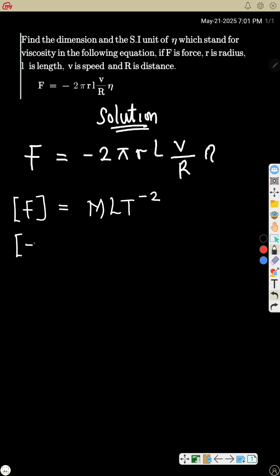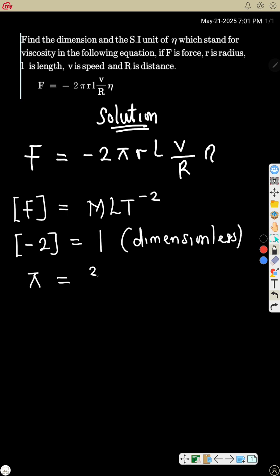Dimension of minus 2 is 1. So we have mentioned that the dimension of a number, like a constant, is 1. What does that 1 mean? It means dimensionless, meaning it does not have dimension. Remember, pi is also a constant, which is 22 over 7, approximately 3.14.